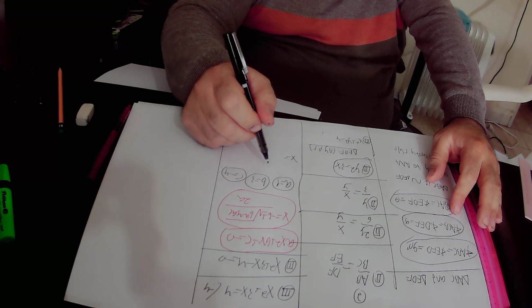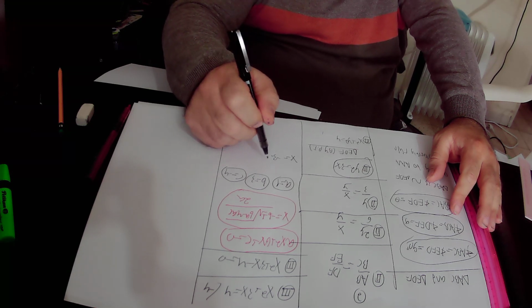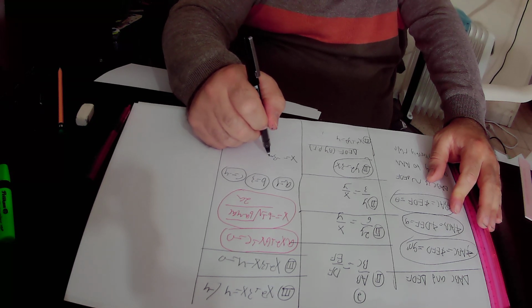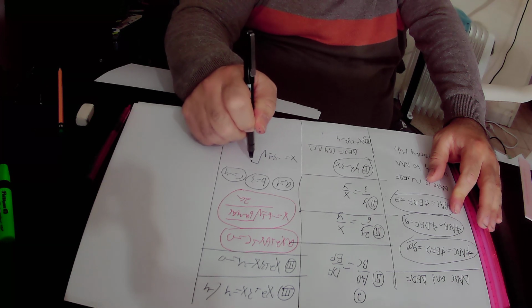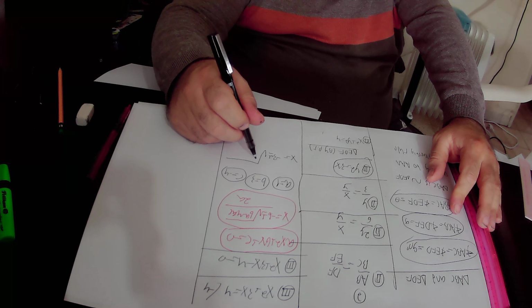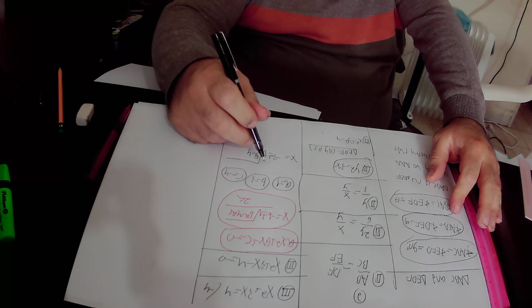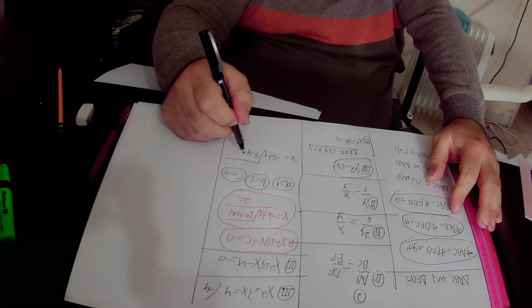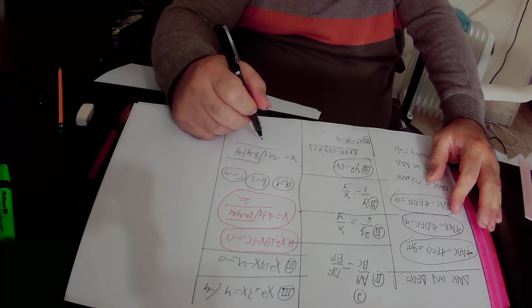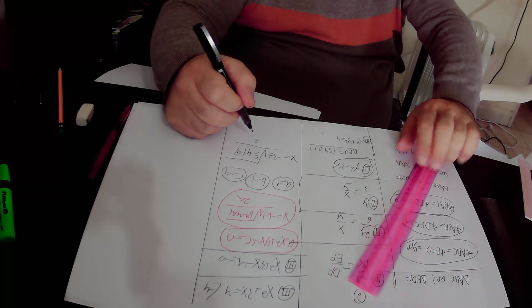B is 3, so minus b is minus 3, plus minus square root of b squared. B is 3, so b squared is 3 squared, that is 9. Minus 4 times a is 1, times c is minus 4. Over 2a. A is 1, so 2a is 2 times 1, that is 2.